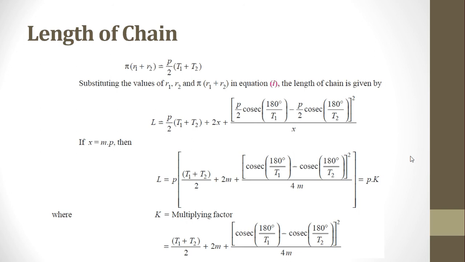The length would become like this one, and with the relationship between the module x and the pitch, we will be substituting this in this equation, with the terms over here like teeth, module, and thetas, and then obviously the number of teeth and the module. With this relationship we can easily find out the length of the chain.